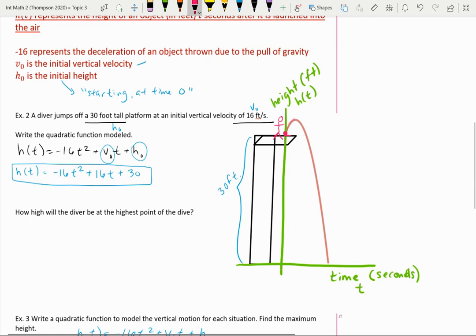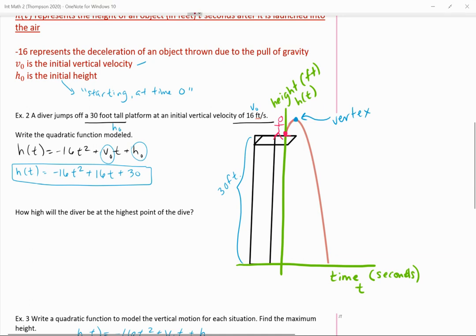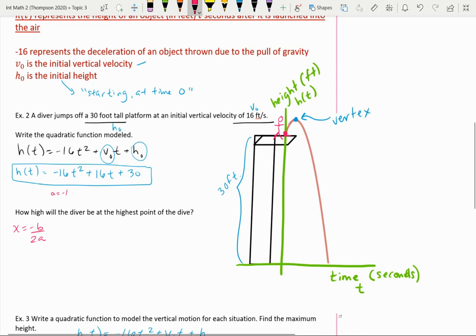And this person launches themselves, and I want to know what is the highest point. So what is this point here? Well, that highest point happens to be the vertex. So now all I need to do is find the vertex. Well, we have an equation for that. x equals negative b over 2a. A is negative 16 because it's the coefficient of t squared. B is positive 16.